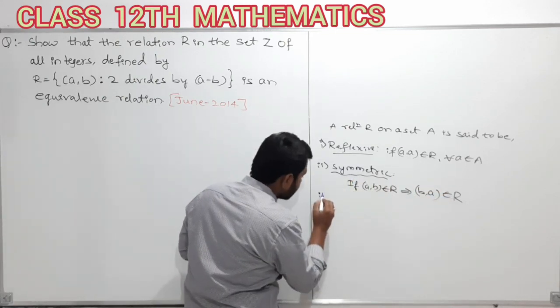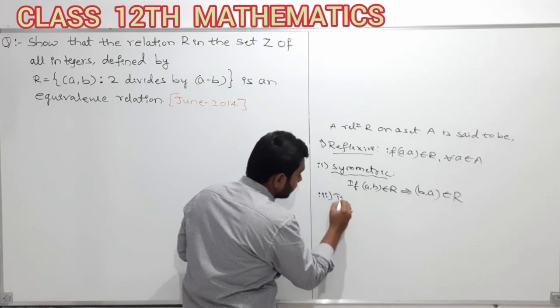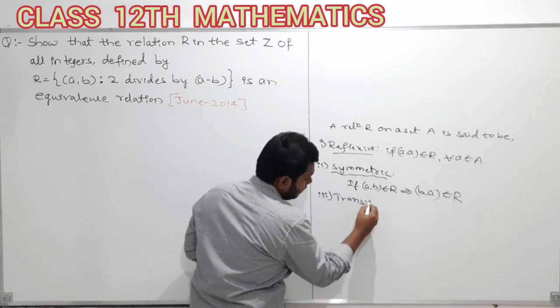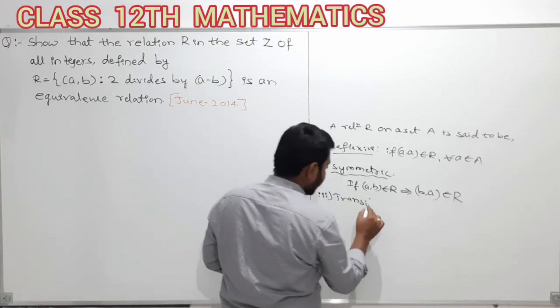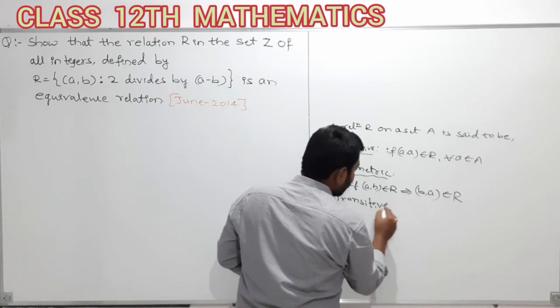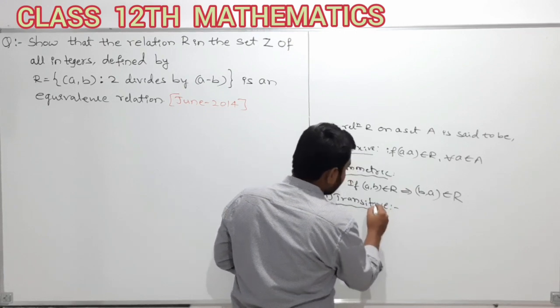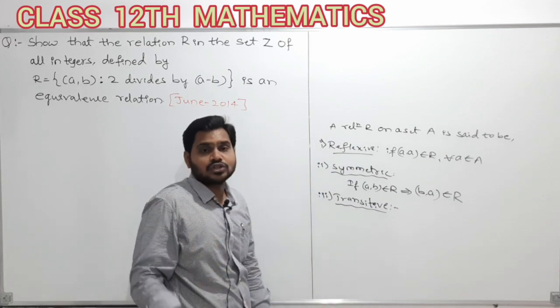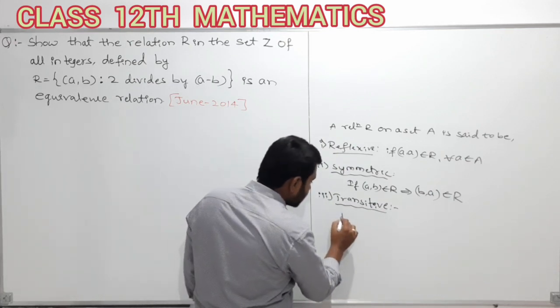And next, my dear students, the third one is transitive. These rules are very important. If you know the rules, then only you can solve such types of questions. So what is transitive?